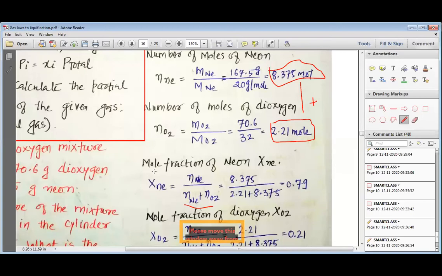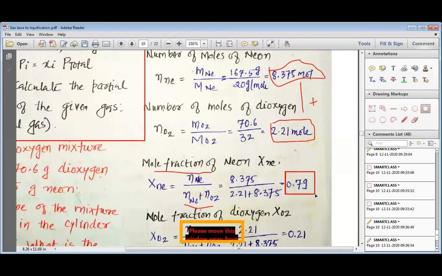So if we want to find out the mole fraction of Ne, we need the formula: mole of Ne divided by total mole. Mole of Ne is 8.375 and total mole is 2.21 plus 8.375.